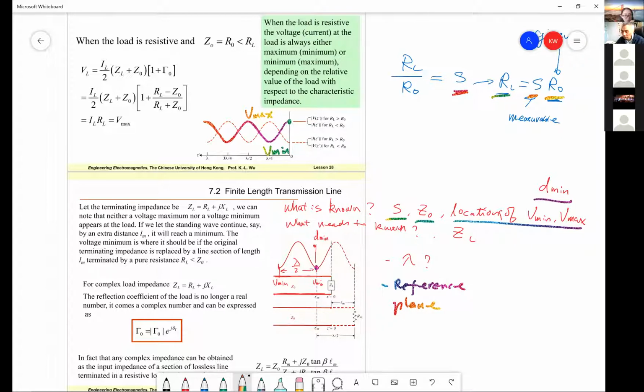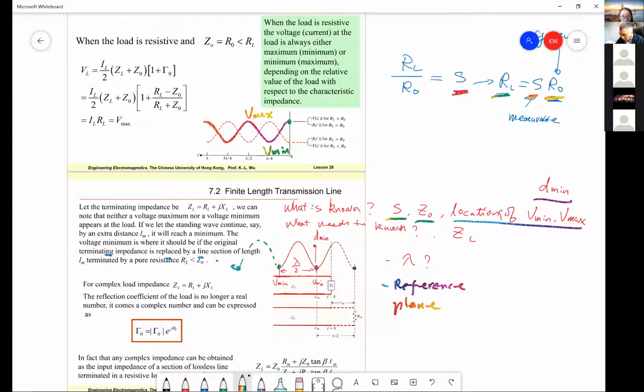So I know the load at this point. Do you agree? Of course, because impedance repeats every half wavelength, and this is also a voltage minimum. It's the same value. So if you extend this, you know infinite number of points, but those points are not of interest to me.